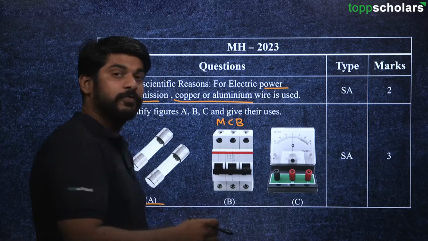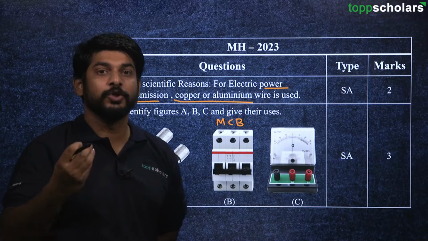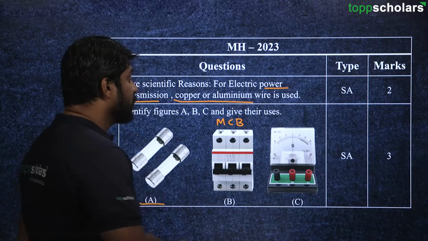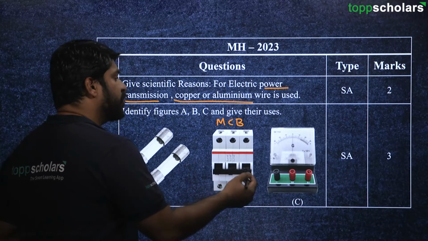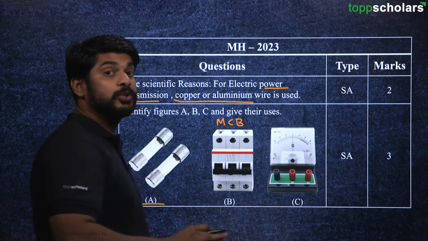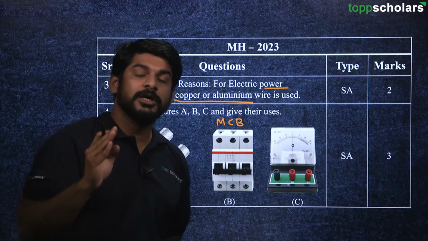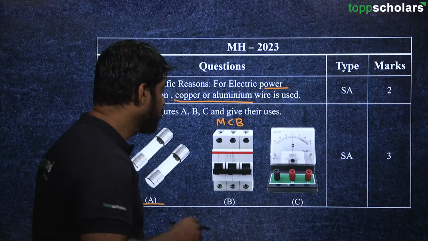This is used for breaking the circuit. Sometimes if there is any kind of short circuit or any overflow of current, then this switch gets off, right? Due to which the circuit breaks and there is no further flow of current, so that all the appliances are protected from any kind of damage.